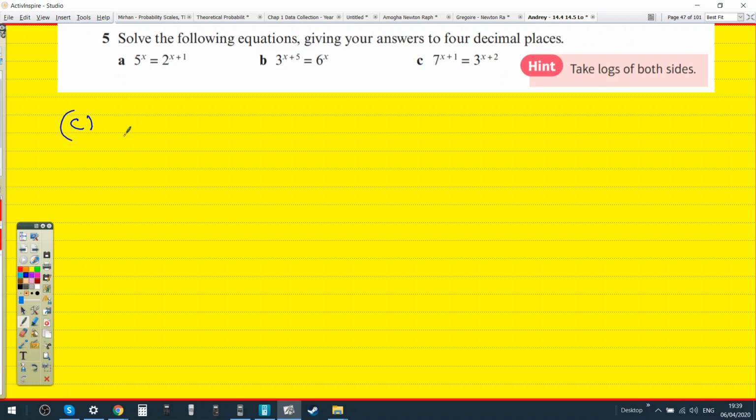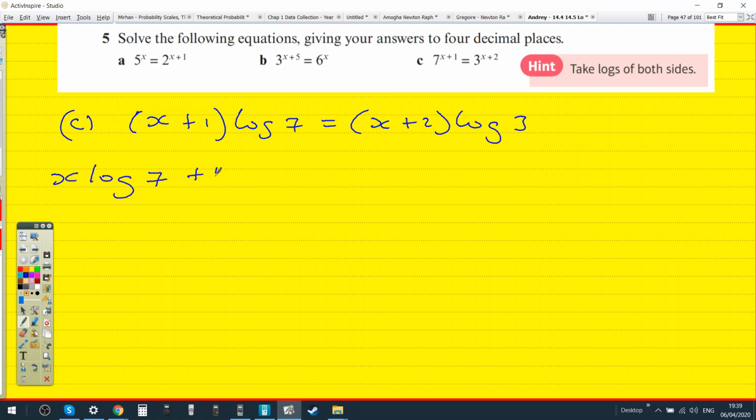So it will be x plus 1 log 7 is equal to x plus 2 log 3. And then expand the brackets for both sides. So x log 7 plus log 7 is equal to x log 3 plus 2 log 3.